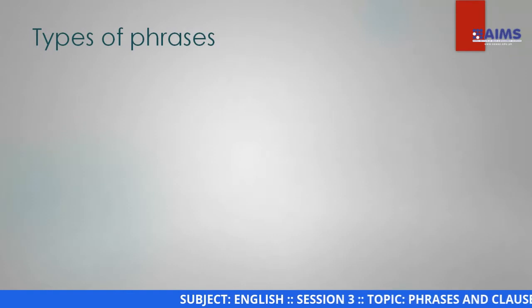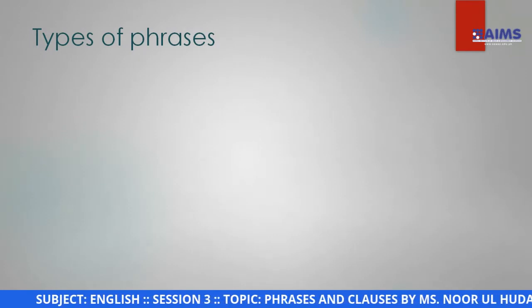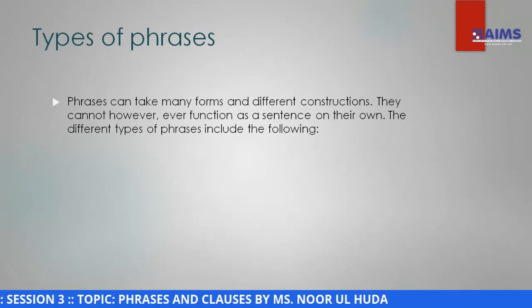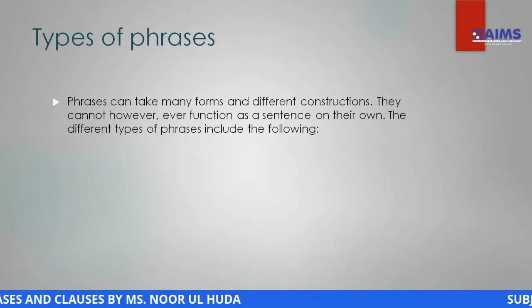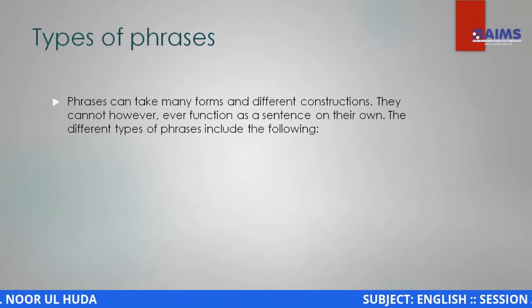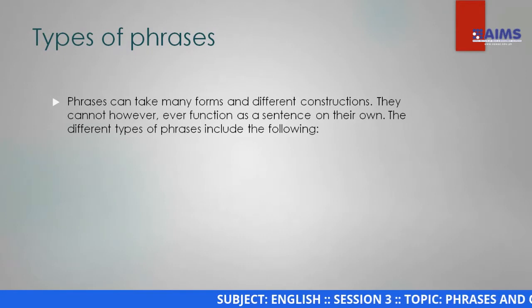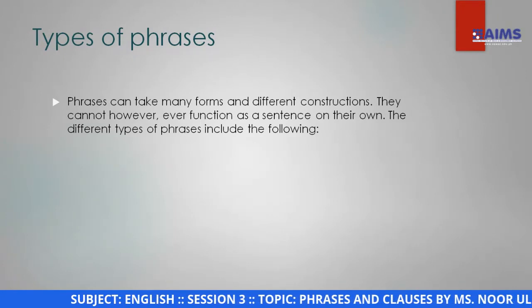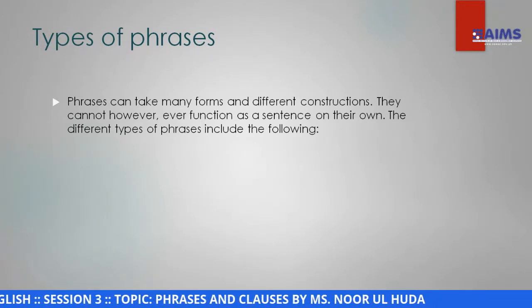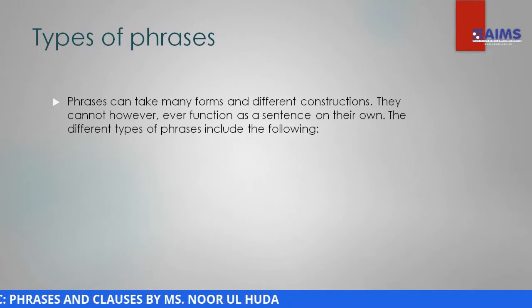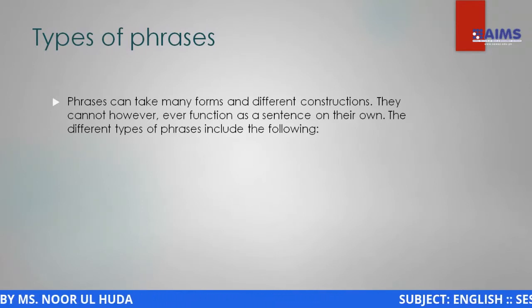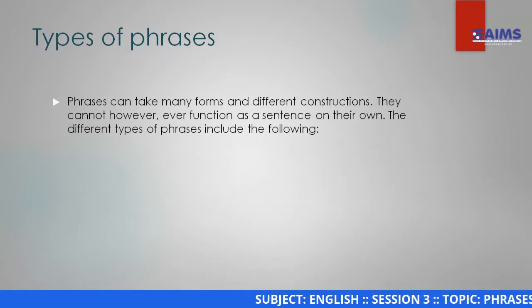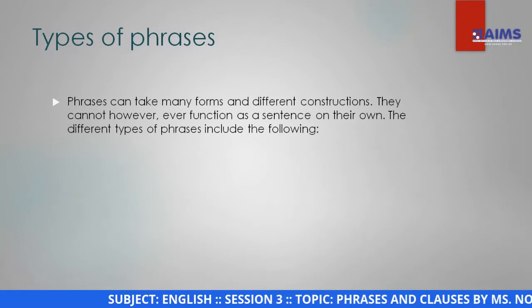So now it could be called a phrase. They are on the very same basis. We do have different types of phrases. Phrases can take many forms and different constructions. They cannot, however, ever function as a sentence on their own. They do have different forms, and different construction means a different way to give the information.